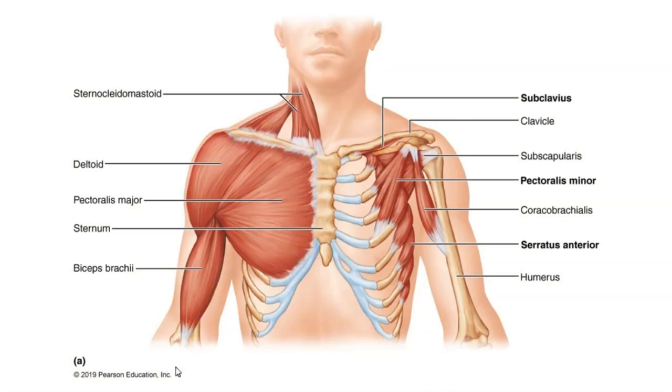So that means it's going to have influence on the forearm when it contracts. And when it contracts, it flexes the forearm at the elbow joint. Now, I know it's pretty common to say that this muscle flexes the arm, but remember that the arm refers to the humerus bone because the humerus is between the elbow and the shoulder joint.